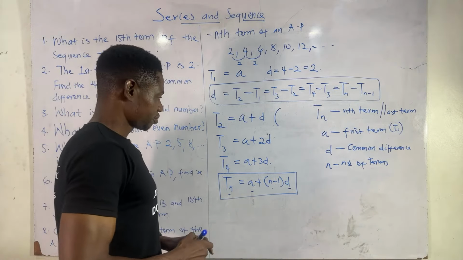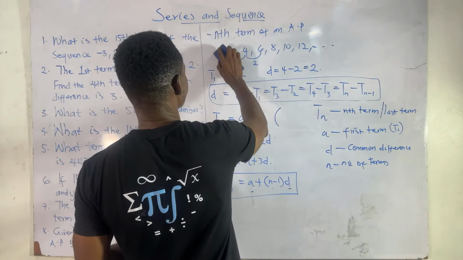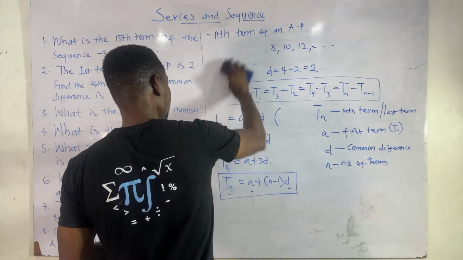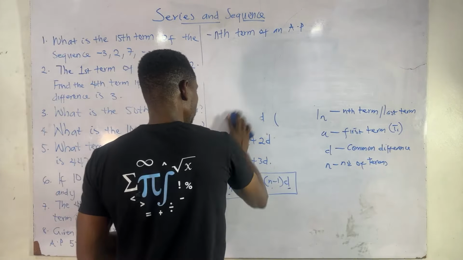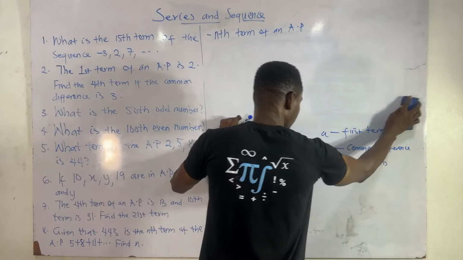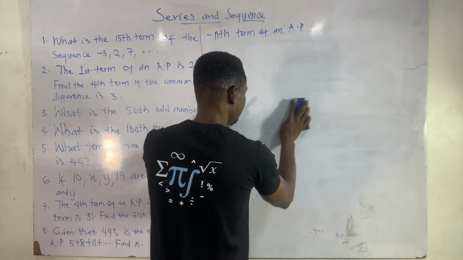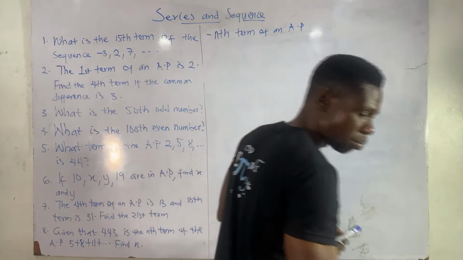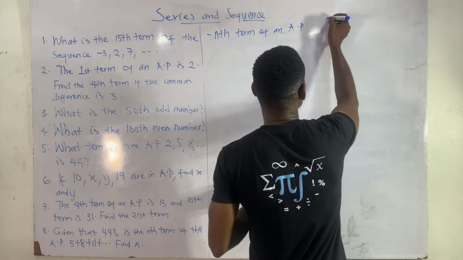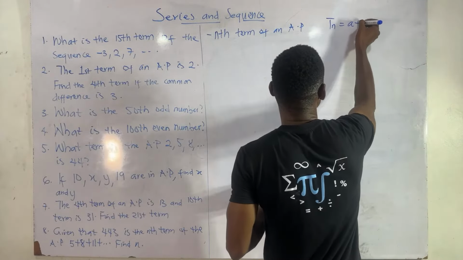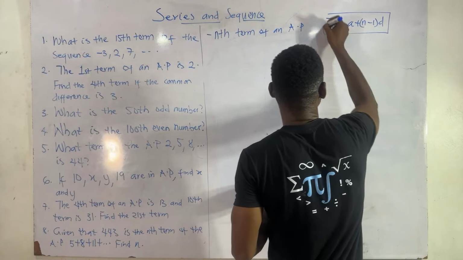No. So let me rub now and we'll start solving. Remember that we're going to keep this video up, so after the live class, you can still take your time to watch it or forward to any part that you deem necessary. So let's keep the formula somewhere: Tn equals A plus N minus 1 multiplied by D.